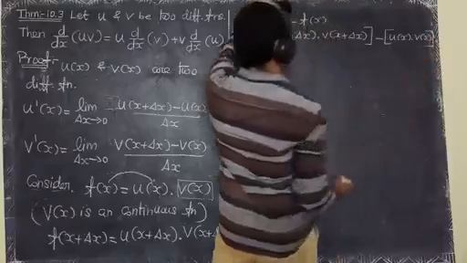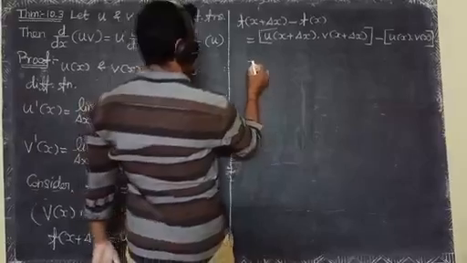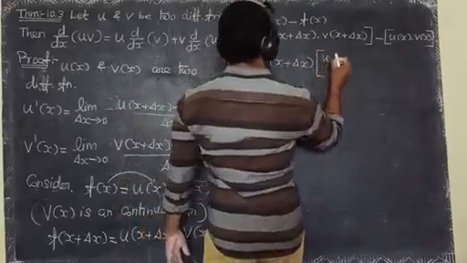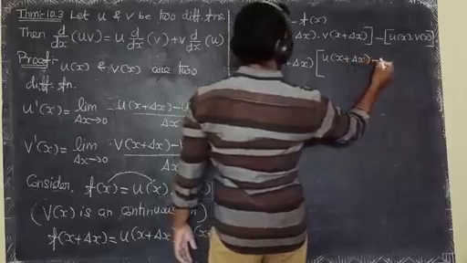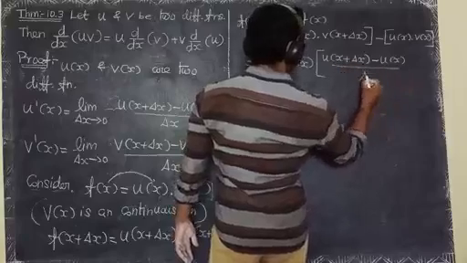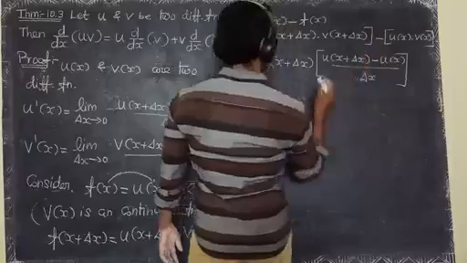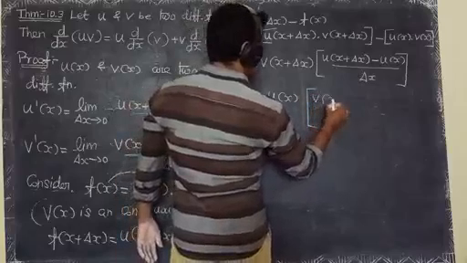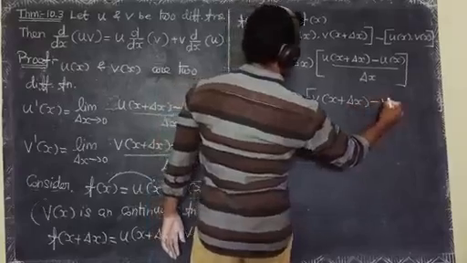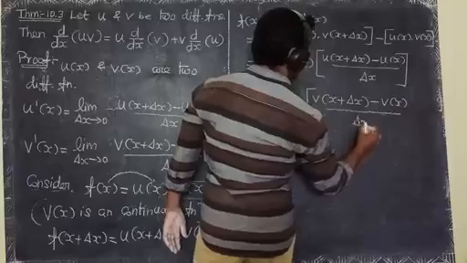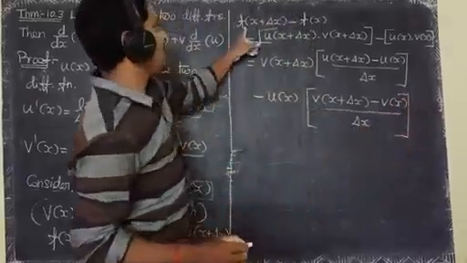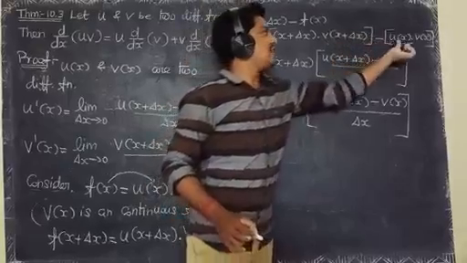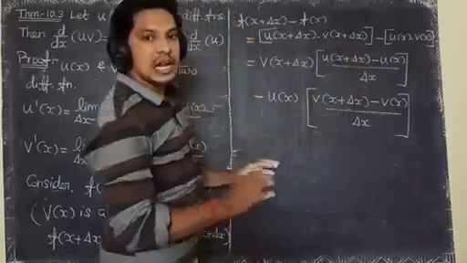This can be written in the structure: v of x plus del x into u of x plus del x minus u of x, divided by del x, minus u of x into v of x plus del x minus v of x, divided by del x. Now apply the limit.